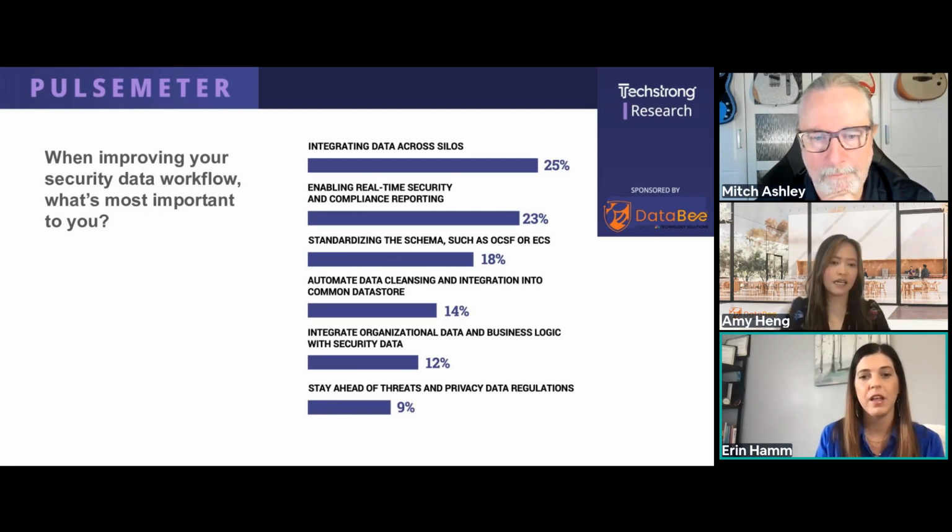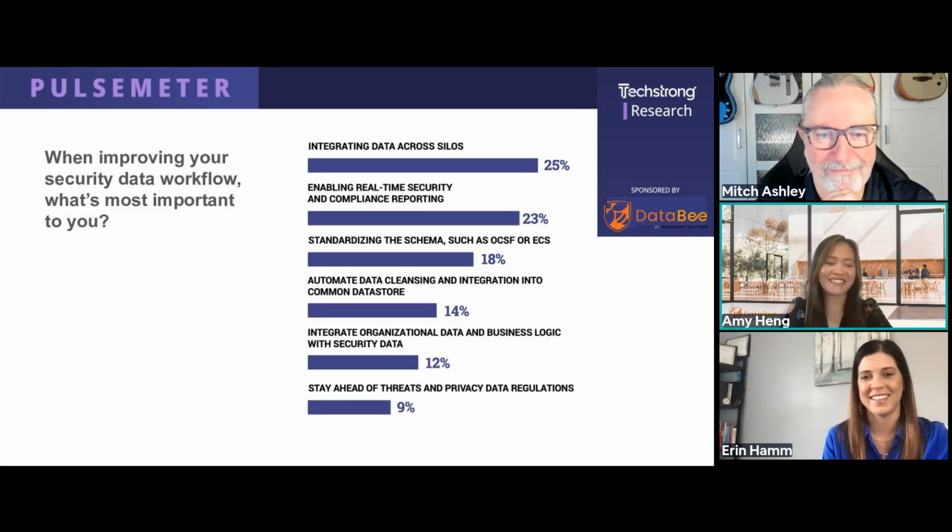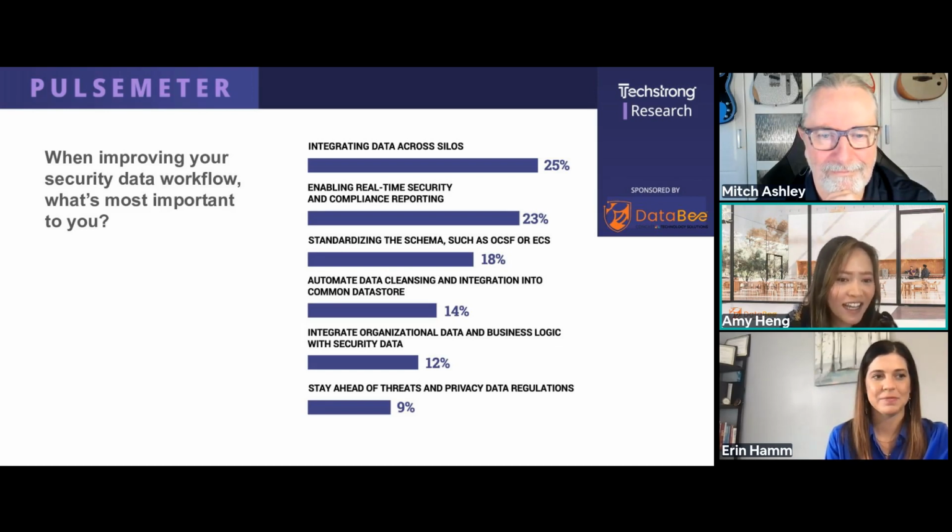Yeah. And I will add that a lot of my friends were a bit shocked by this when I was getting their perspective. They thought the last answer, the one that says stay ahead of threats and privacy and data regulations, was going to be the most important thing, because for them it's all about stopping breaches, right?